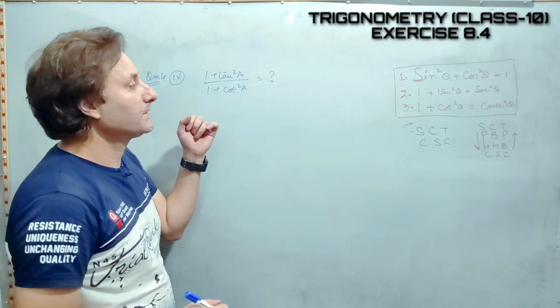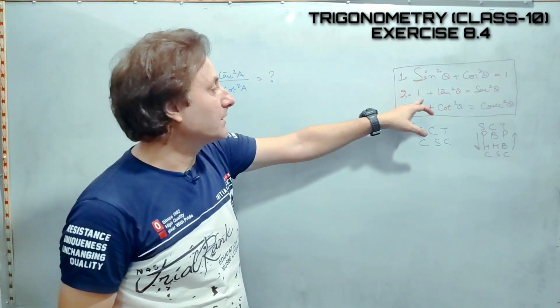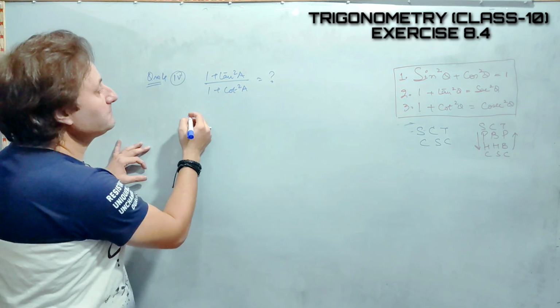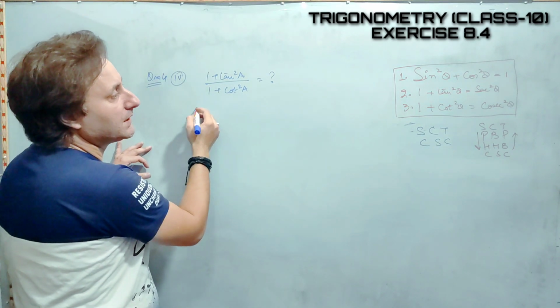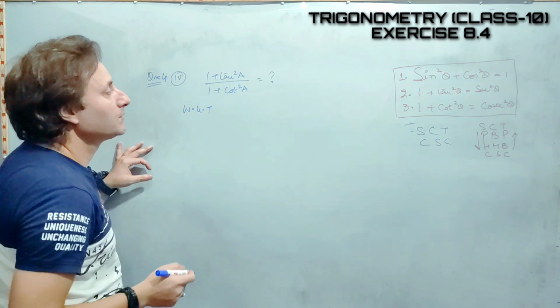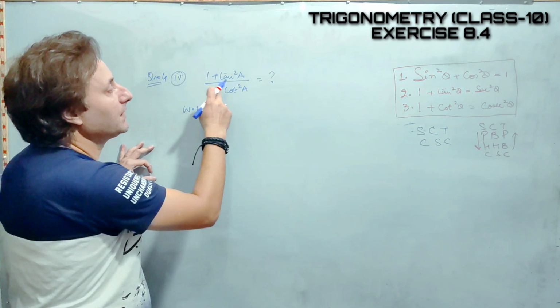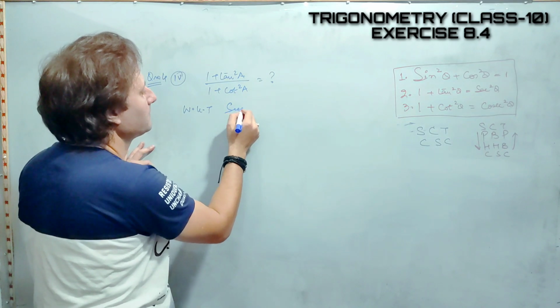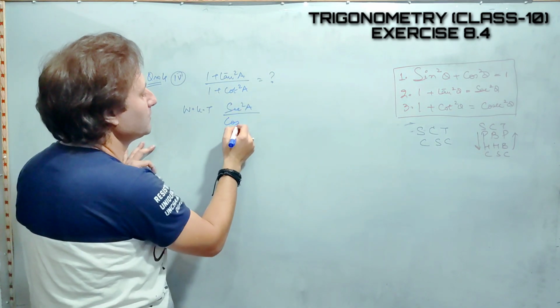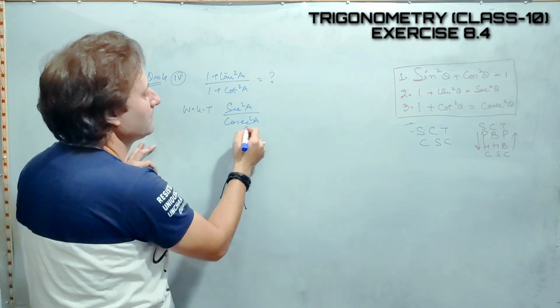So here, we know that 1 plus tan square A is sec square A, and 1 plus cot square A is cosec square A.